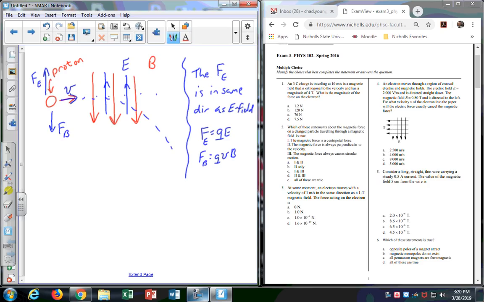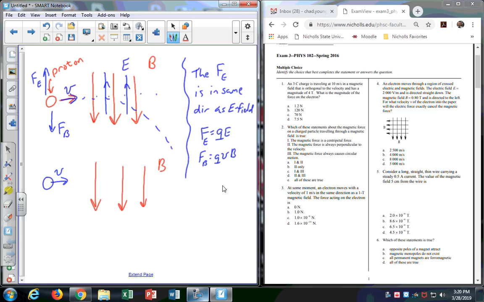No, shoot. I'm sorry, guys. Can I fix it? Yeah. So my magnetic field, very, very sorry, my magnetic field is down. That's B. So my velocity is to the right. So my magnetic force is into the page.